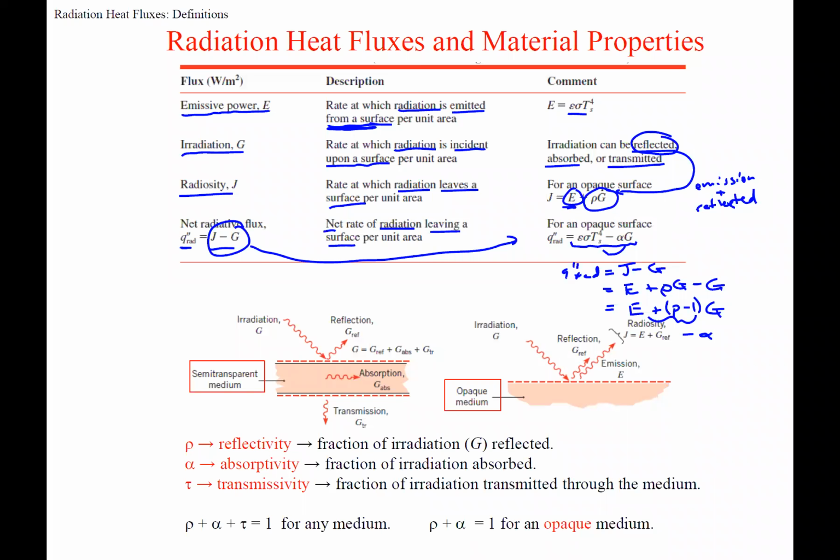All right, so if we look at now, the irradiation is coming in, some of it gets reflected, some of it gets absorbed, some of it transfers right through. Okay, so that means G is reflected, absorbed, transmitted.